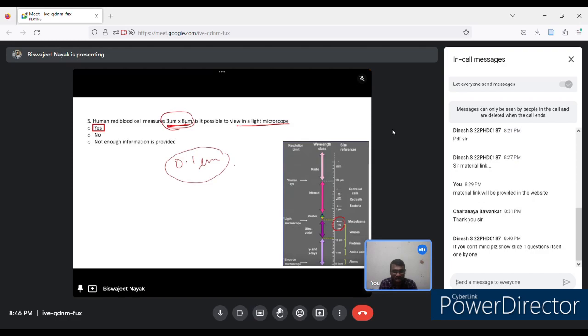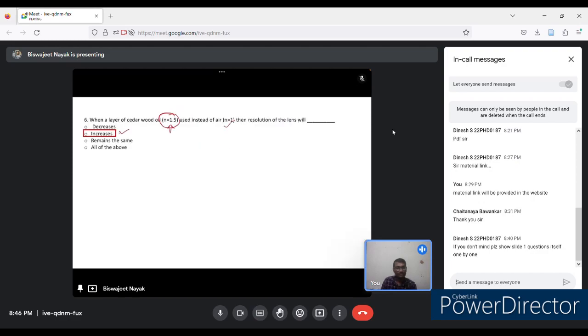So next question. Sir, I have a doubt, sir, in an assignment question. I faced one problem, sir. n equal to 1.5 they are given, and another n value is given, that is n equal to 1.